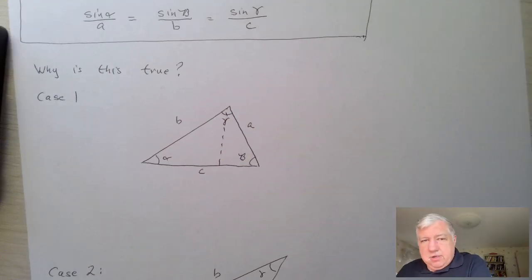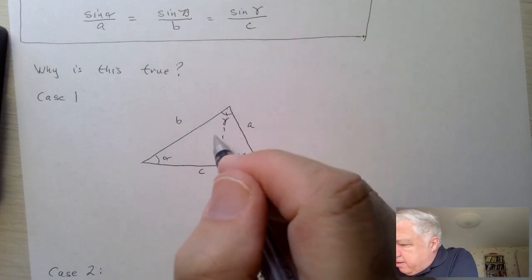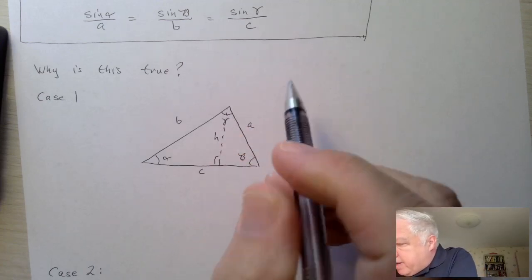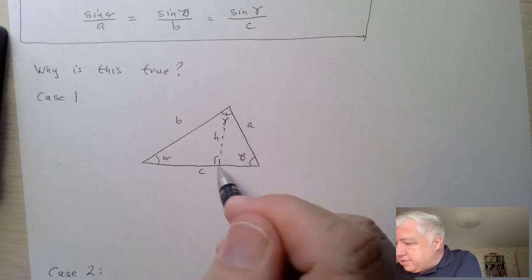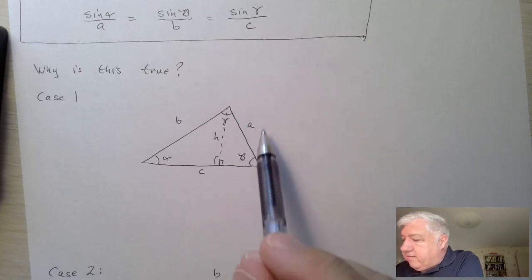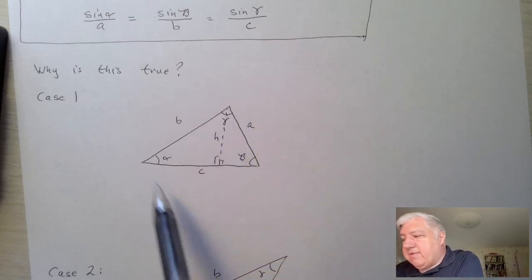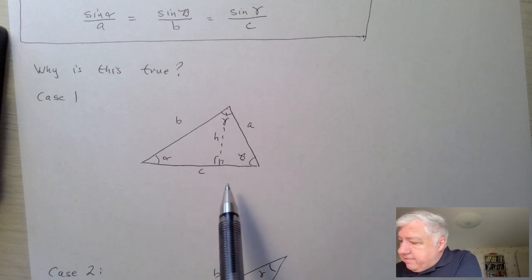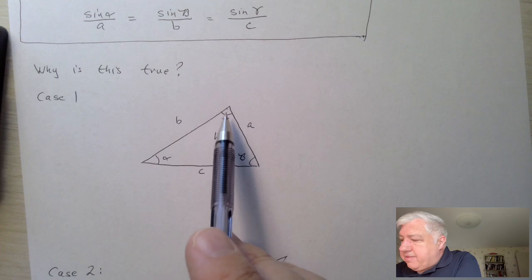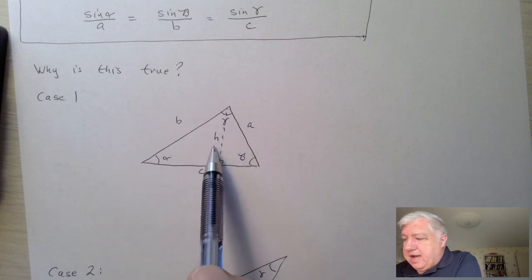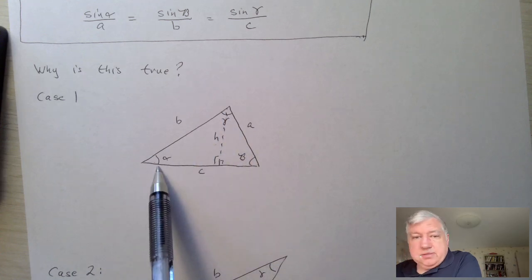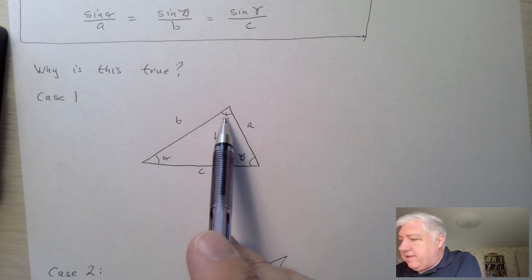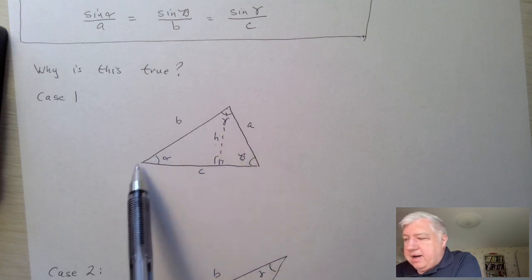If we call this H, then we get two right triangles here, one involving side A and one involving side B. If we look at this first right triangle, H is opposite alpha. Here's the opposite, here's the hypotenuse.